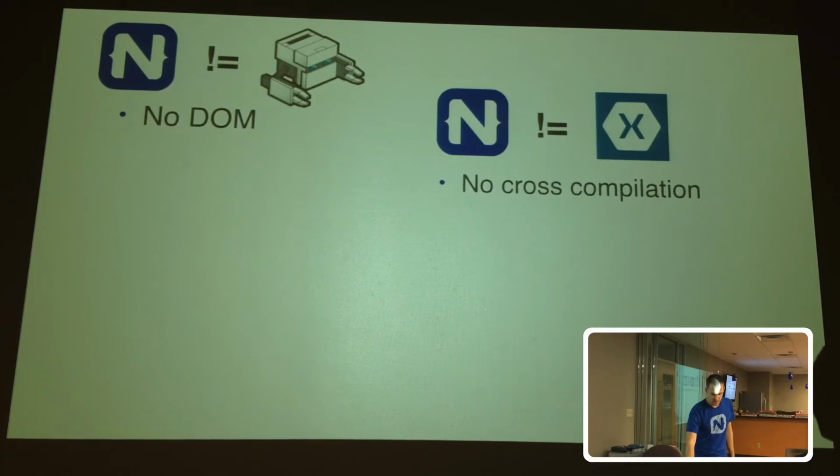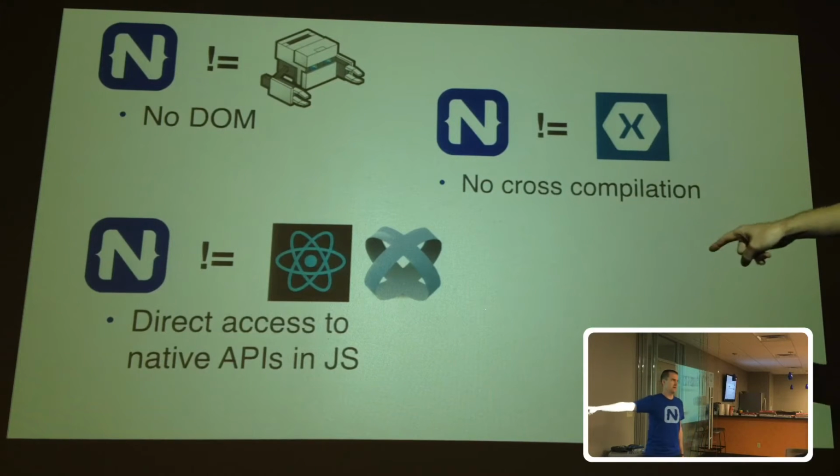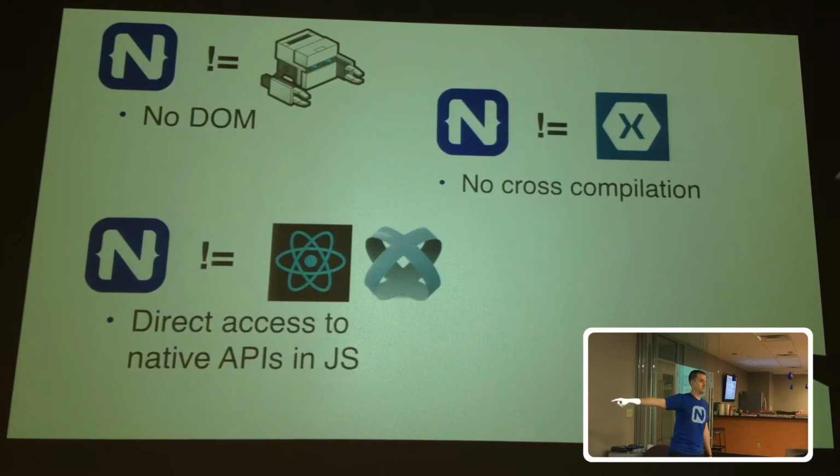Xamarin needs to get compiled, and this down here is React Native, which is what Facebook uses, which is JSX kind of, but that doesn't give you direct access to native APIs like NativeScript does.